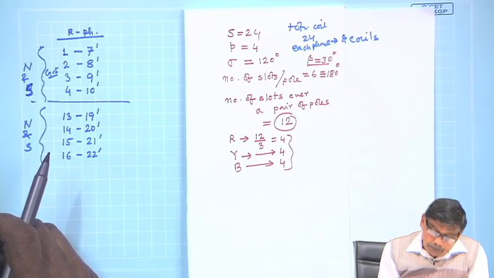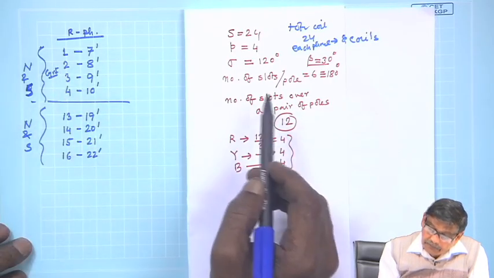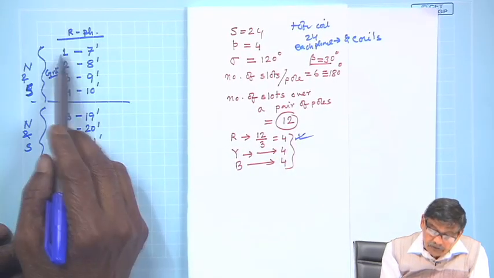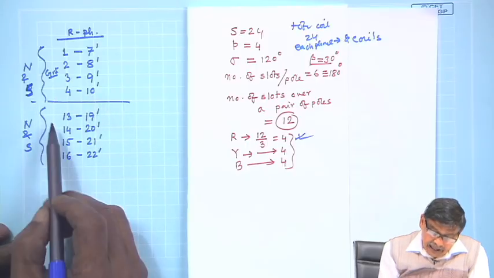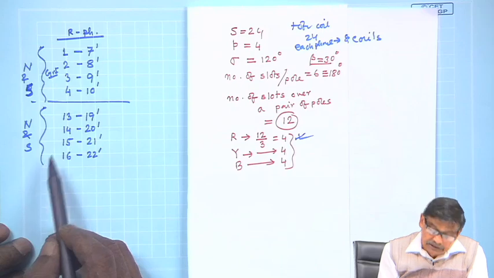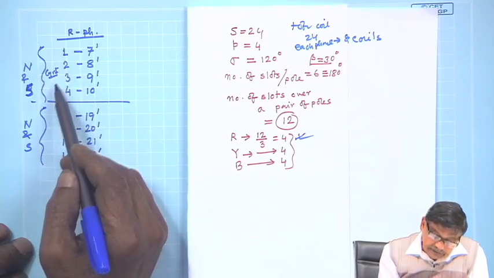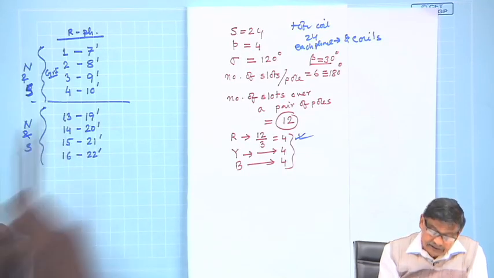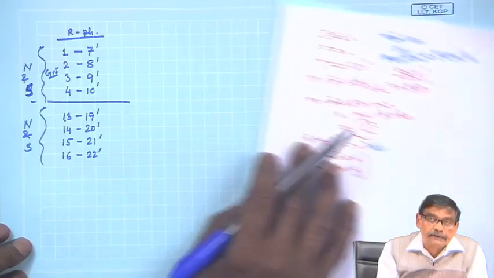So, in this pole pair, the first 4 coils, this number 4 I have got from this: 1 7 dashed, 2 8 dashed, 3 9 dashed, 4 10 dashed, and then the next pole pair starts once again from 1. Therefore, 1 plus 12 is 13, 13 plus 6, 19 dashed, 14, 20 dashed, like that.